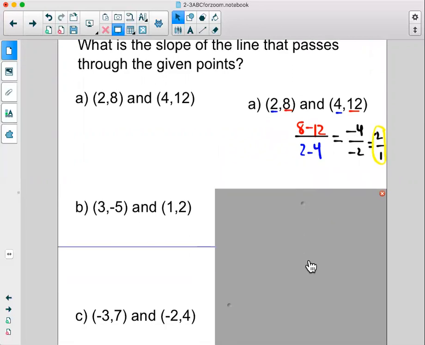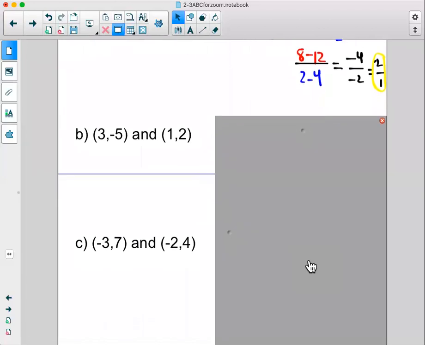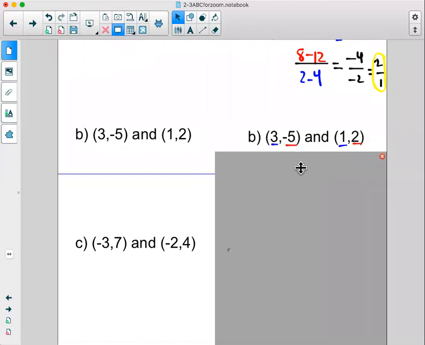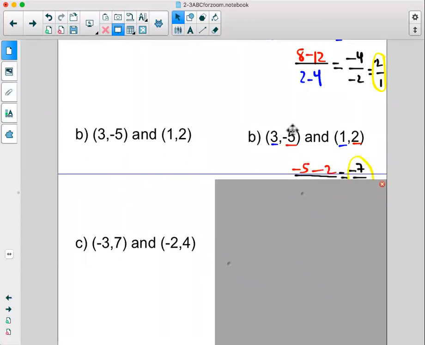So now you practice the next 2 examples and press play when you've got your answer to compare. So the slope is rise, change in my y values, over run, change in my x values. Negative 5 minus 2 over 3 minus 1.